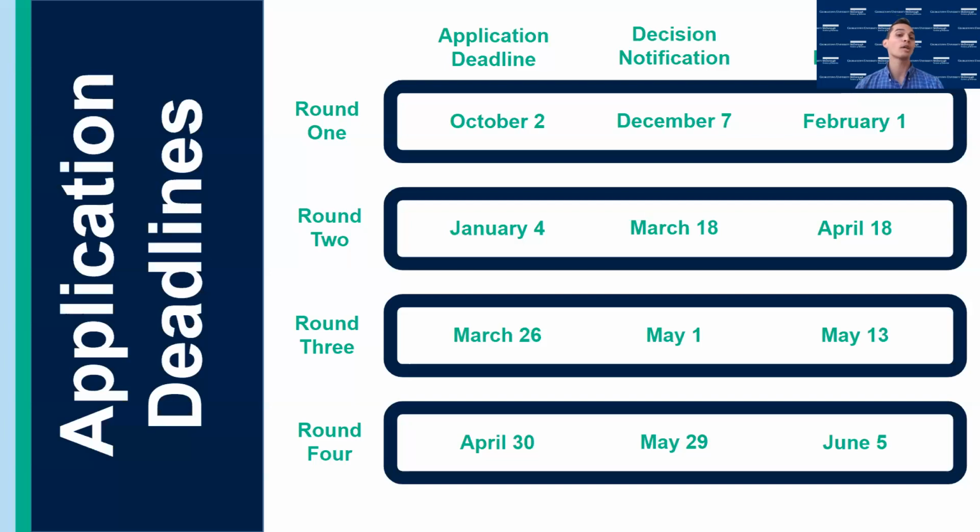If you know that your recommender is unable to submit your recommendation by December 4th, you might as well wait till January 4th to submit your application. Because if your application is incomplete in December, there's a good chance that your application won't be included within this priority interview consideration. You lose effectively a month to be able to work on your application.